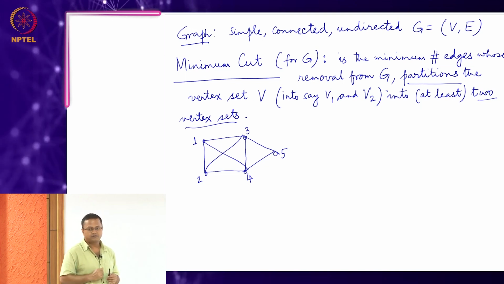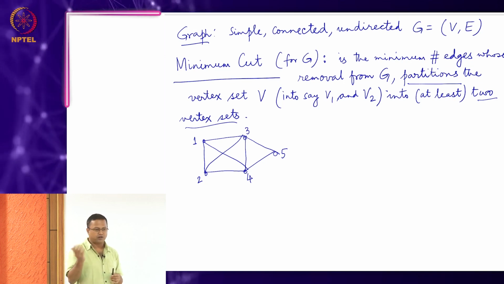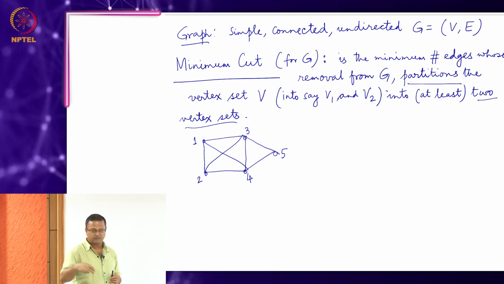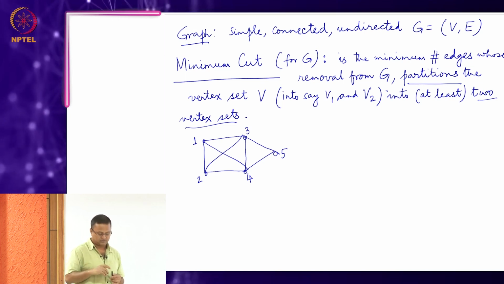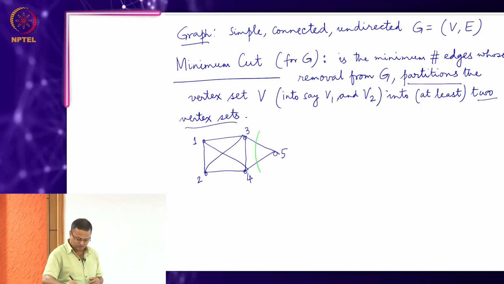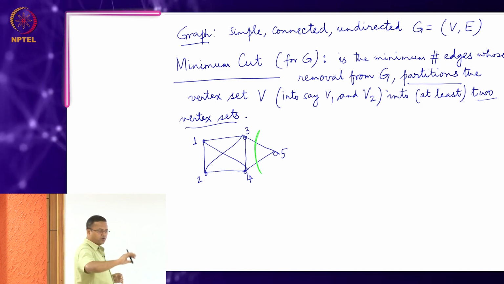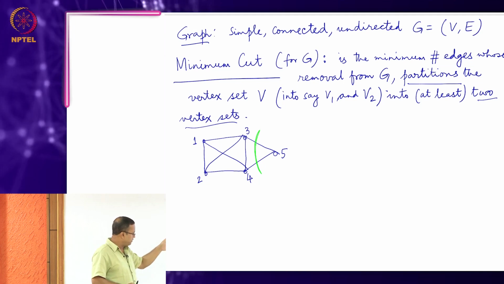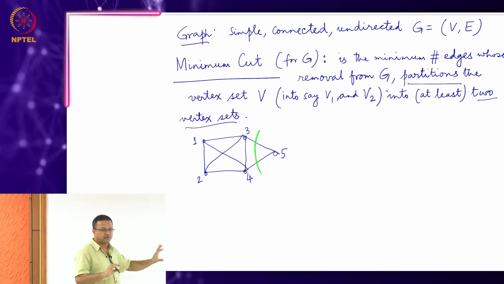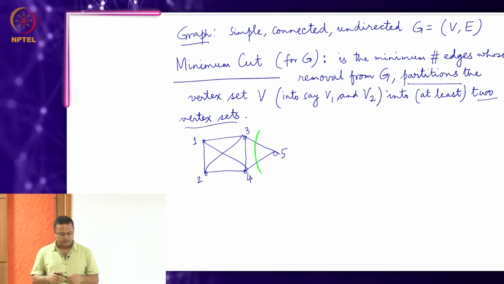So, what is its min cut? 2. Which way would you cut? So, you would cut possibly these edges. So, this is your min cut. Vertex 5 is on one side, and by removal of the edges (3,5) and (4,5), the vertices 1, 2, 3, 4 are on the other side. So, this is a cut. Fine.